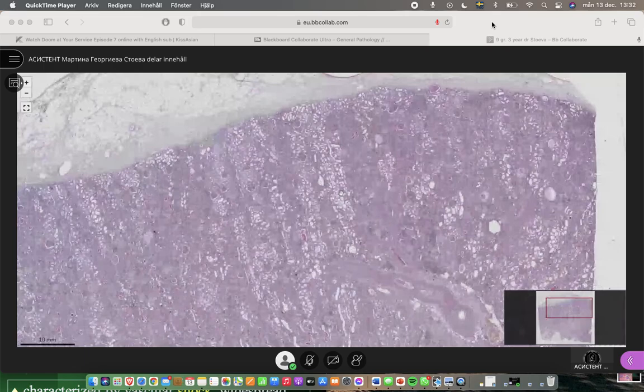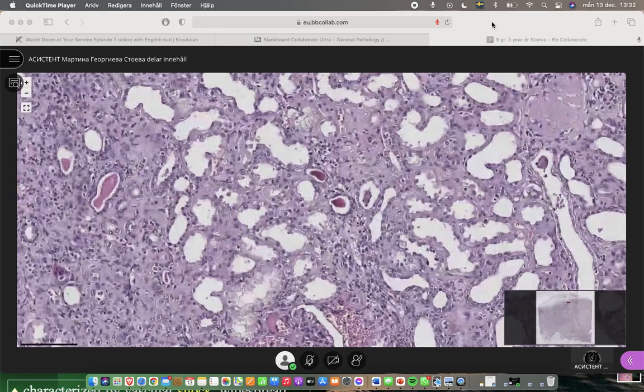In between the glomeruli, there are tubules. These are the tubular structures. And also here in the middle portion of the lower side of the slide, we have one lumen. It is from the hilum.